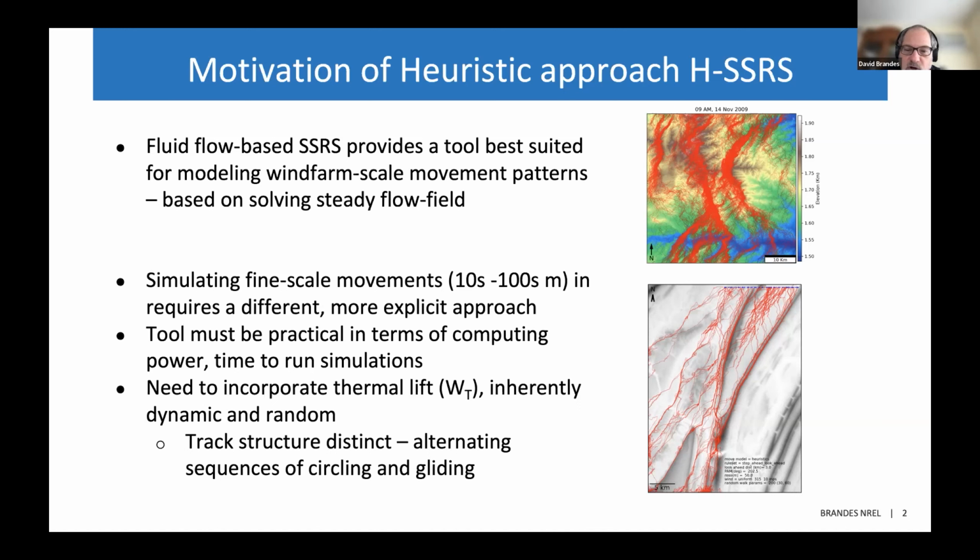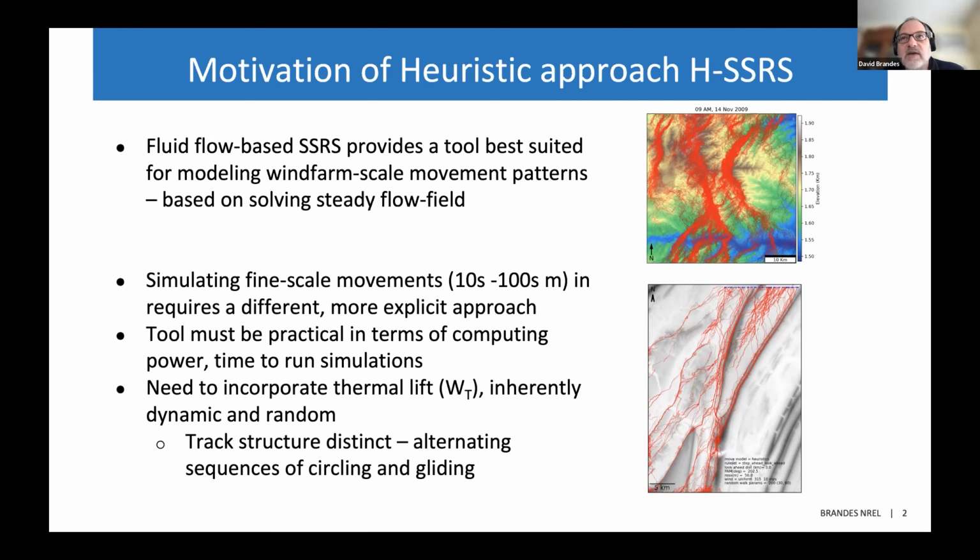fields, which are difficult to model and simulate, but really critical to this work because for large soaring birds like golden eagles, thermal lift is what's most widespread and most readily used.